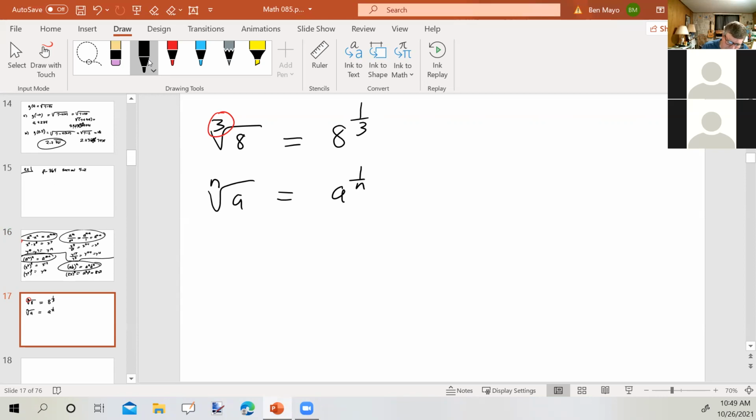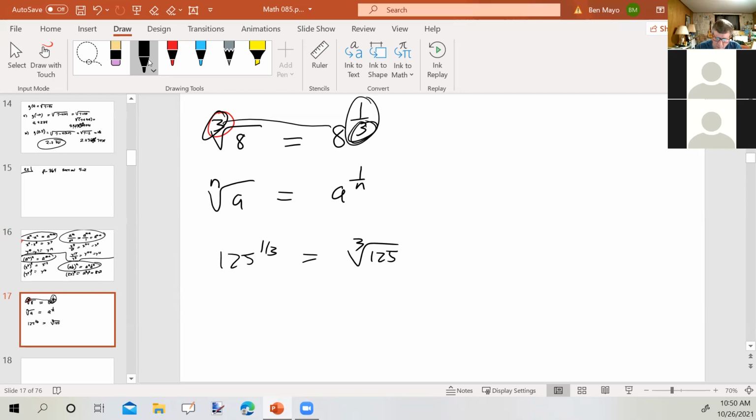Think of it this way. If this was a tree, the roots would be on the bottom. This is the root, right? Cube root. So the 3 becomes a 3 in the denominator. So the cube root of 8 is 8 to the 1/3 power. Or 125 to the 1/3 power would be the cube root of 125.